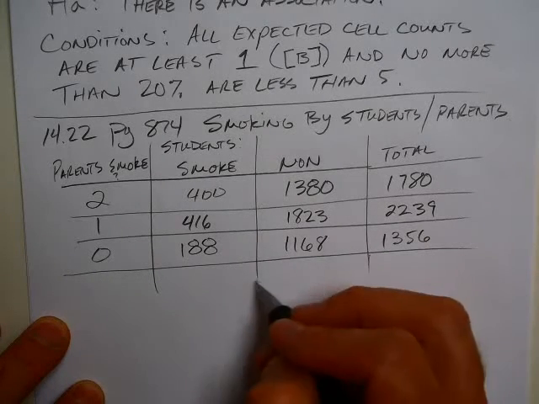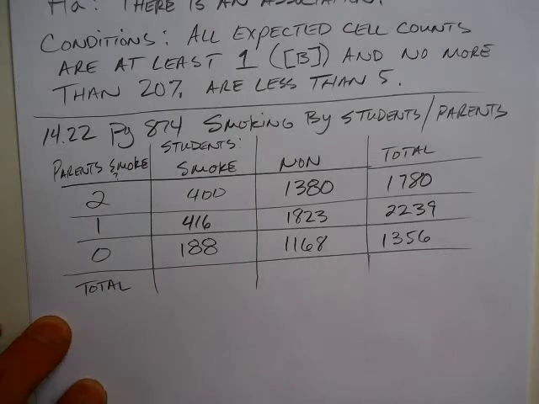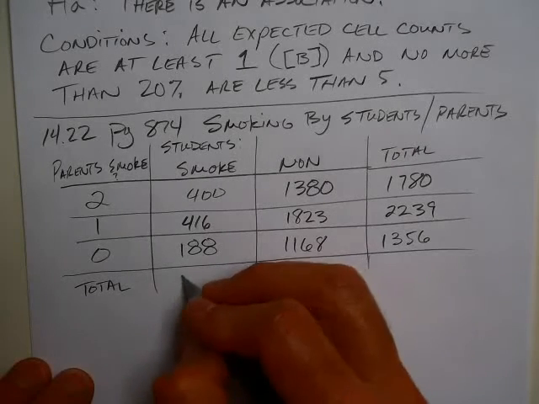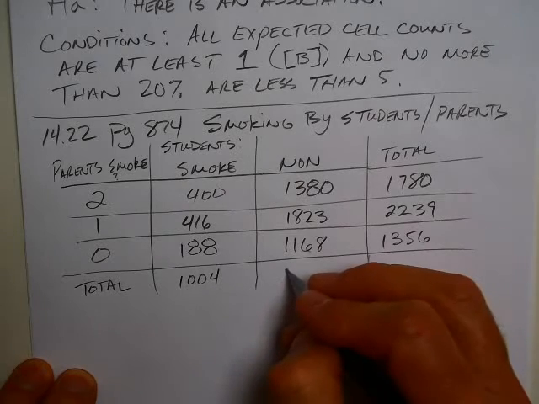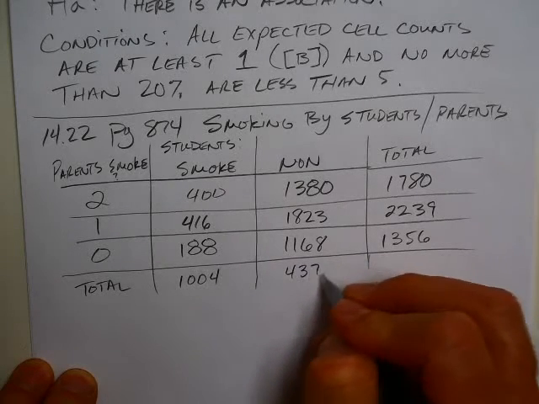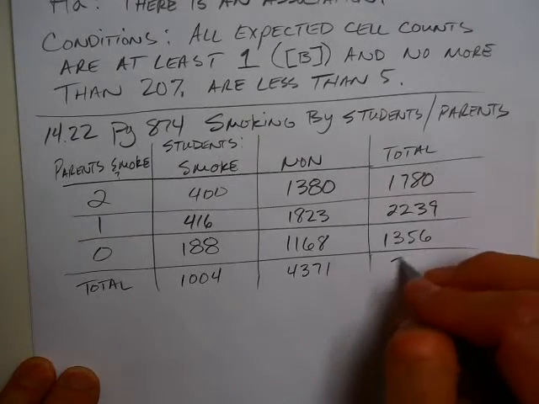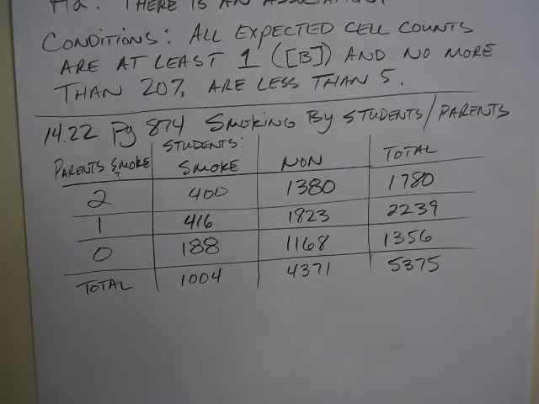I'm going to go ahead and fill out the rest of our totals. These would be our total columns. The others are the total row. I've got 1,004 participants that smoke, 4371 that do not smoke, and 5375 total.